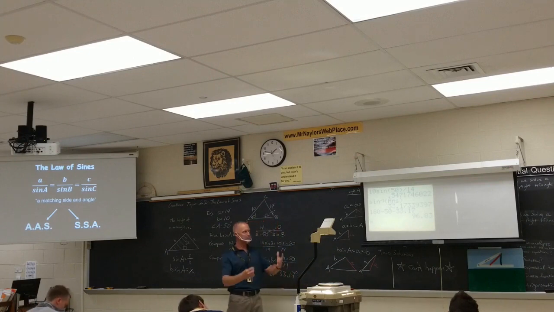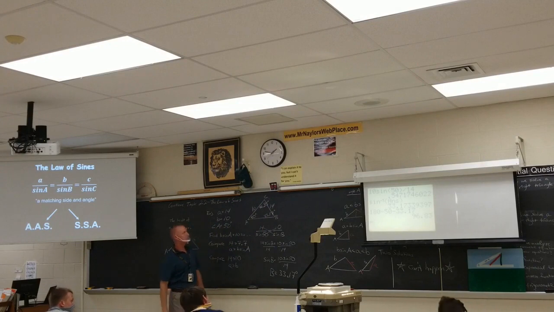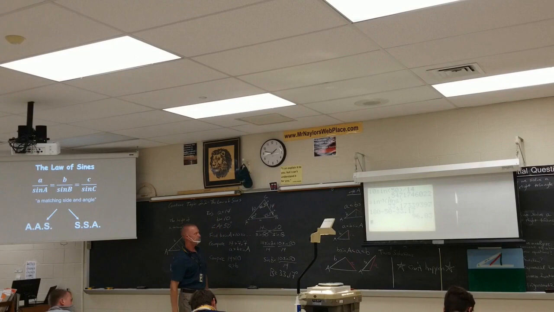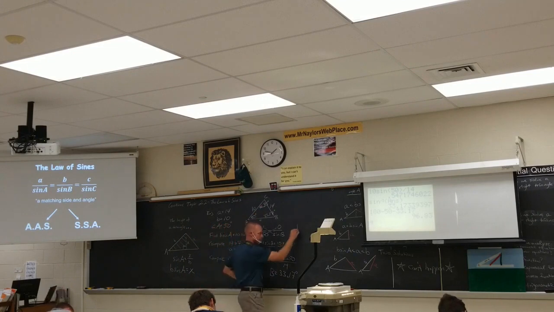So find the rest of the triangle, find 96 degrees. Now, I hope this makes it clear to you that side C is really the only thing left to find. And the cool thing is that I can find it now that I have the angle that goes with it, using, of course, the law of sines.